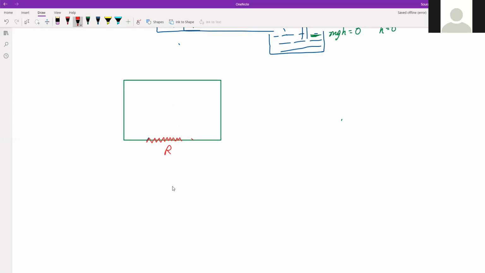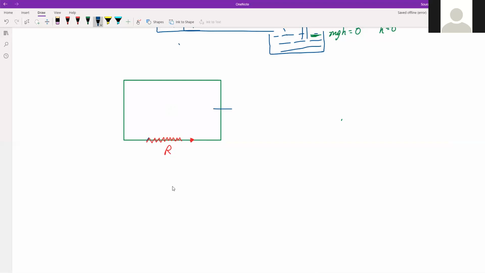So suppose current wants to flow like this. Just like we have seen in the case of a water pump, here I must include a pump-like thing which should be able to pump charges.